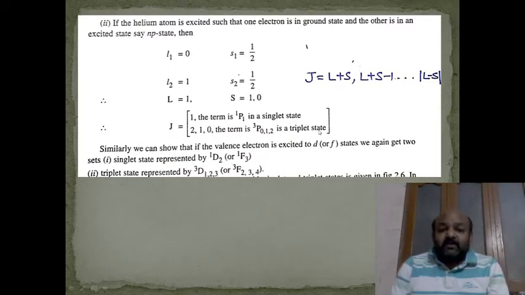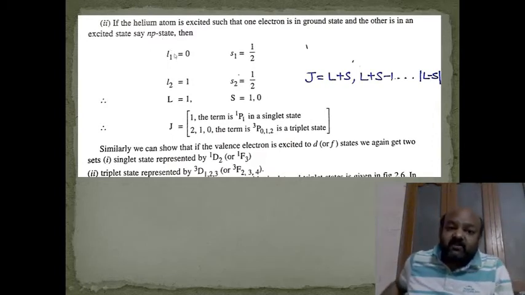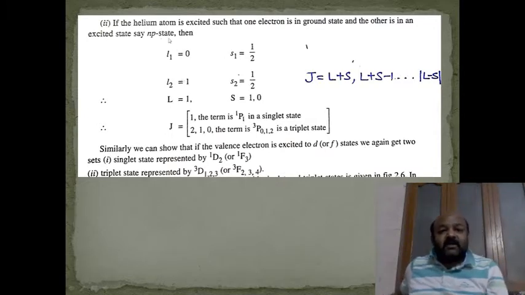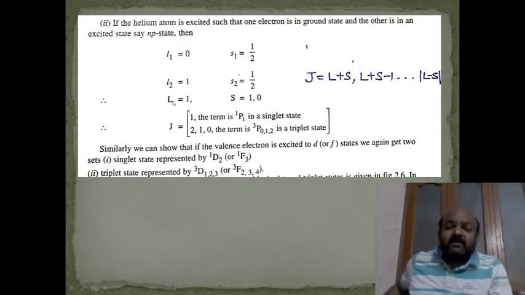There are other possibilities as well. We can excite the electron to a higher nP state as well. When we excite the electron to an nP state, one of the electrons will remain in the S state, and the other electron jumps to the P state. For the P state, the L2 value is 1. Now we apply coupling L1 plus L2; it is 1.